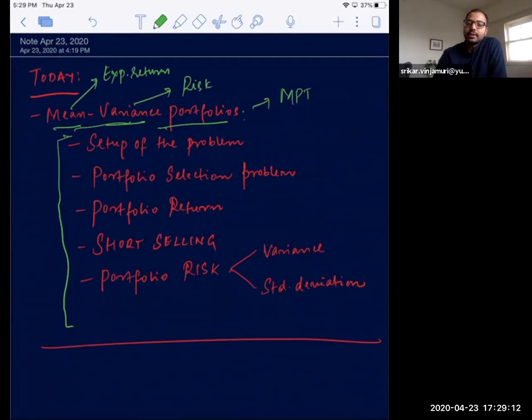In a certain sense, I'm forming portfolios where I have a trade-off between the return and the risk. Those are the only two relevant things that I really concern myself with. At the end of the day, it comes down to how much expected return I can earn and for what level of risk. That's basically my entire portfolio selection problem.